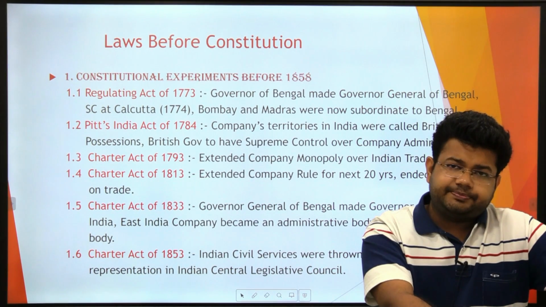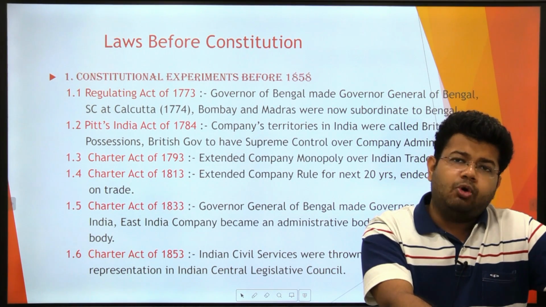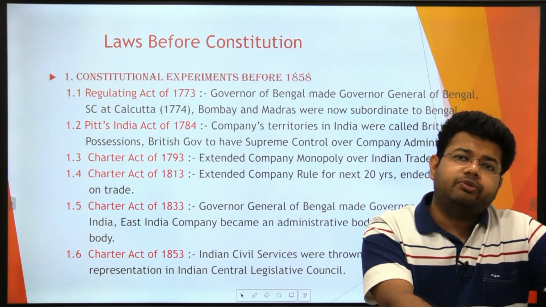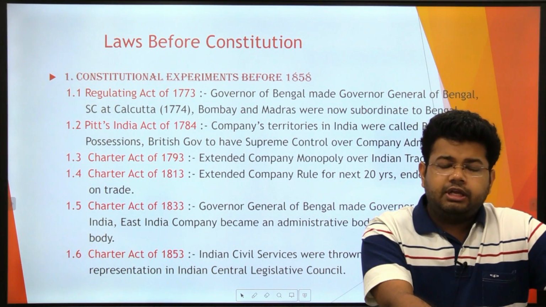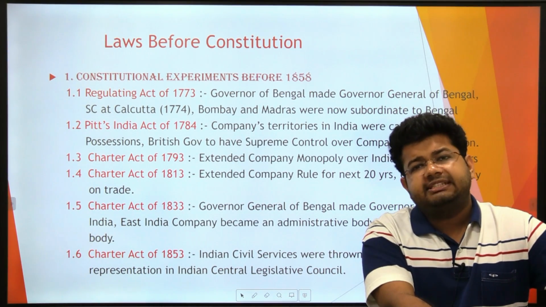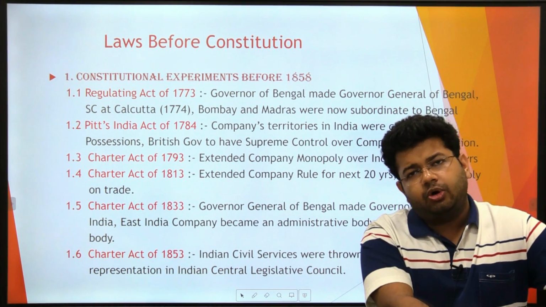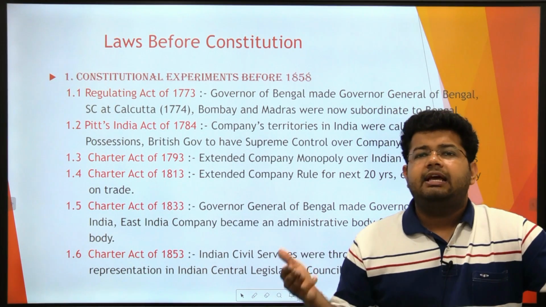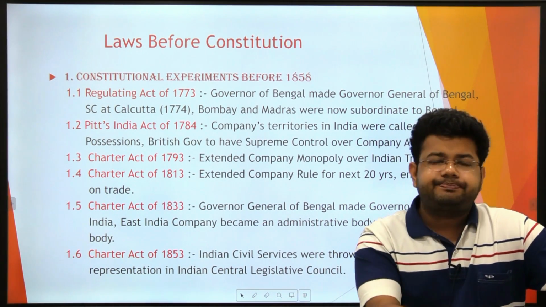Through this very act, the Governor of Bengal was made the Governor General of Bengal. The East India Company had three presidency towns. One was Bengal, the other being Madras, and the third one being Bombay.